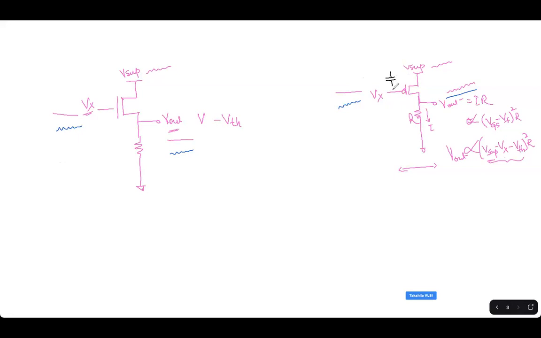Ideally, a capacitance connected between VSUP and Vx should couple the noise directly across all the frequencies. Now, instead, what I'll do is put a resistor and a capacitor, an RC. What will happen if I connect an RC?